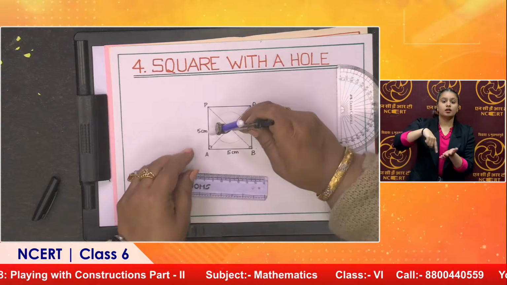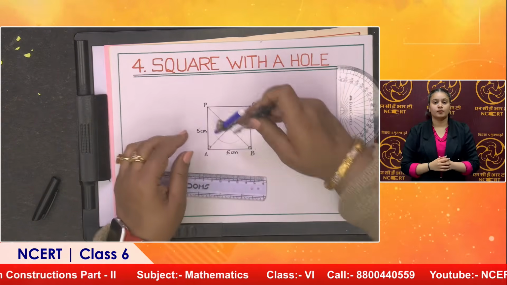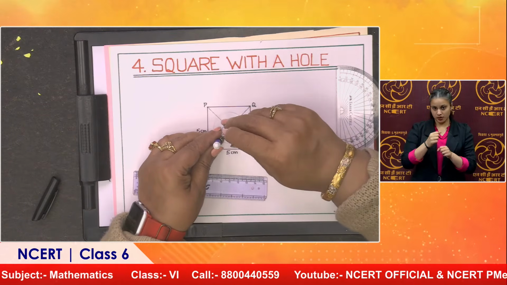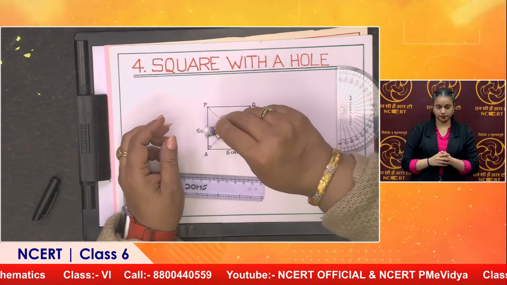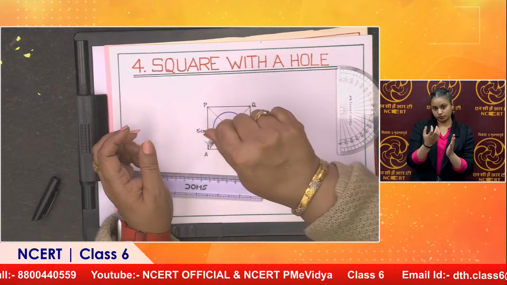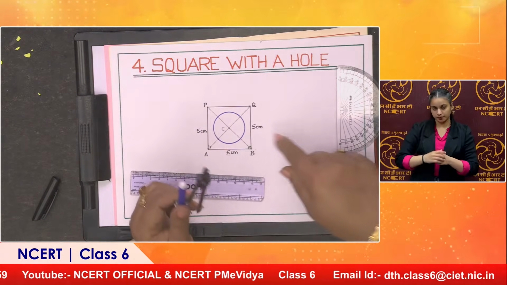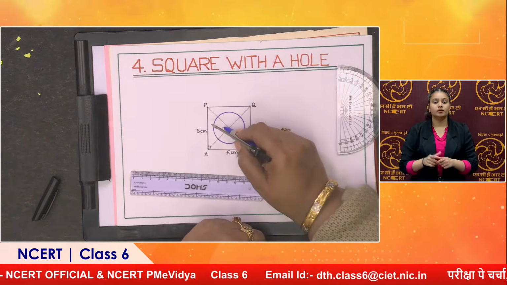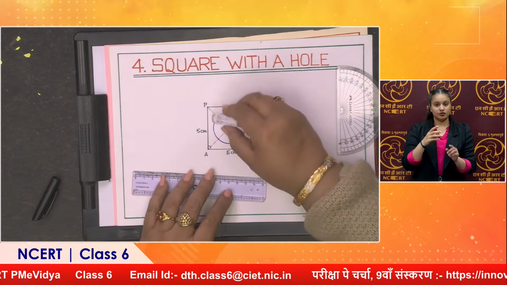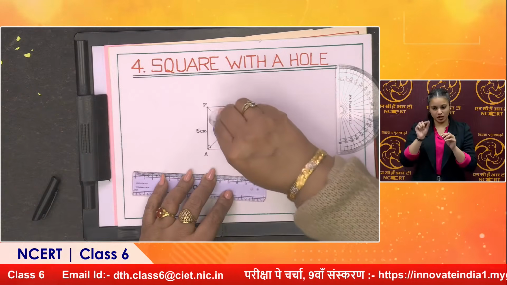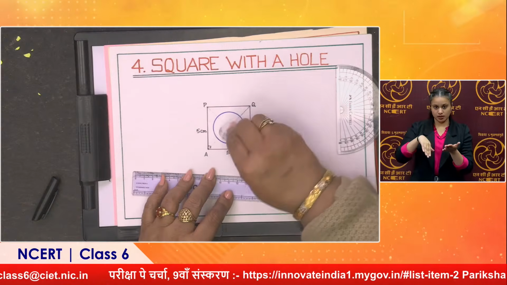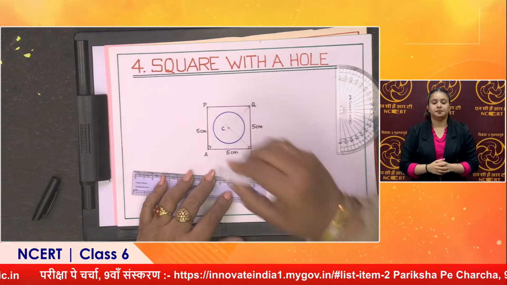Let me take this point C. If I place my compass needle and draw this, I will find a circle exactly in the center of the square. We can name this center as C. And to give a good look, I can erase these extra lines so that I get a hole inside the square. I hope it is clear, children.